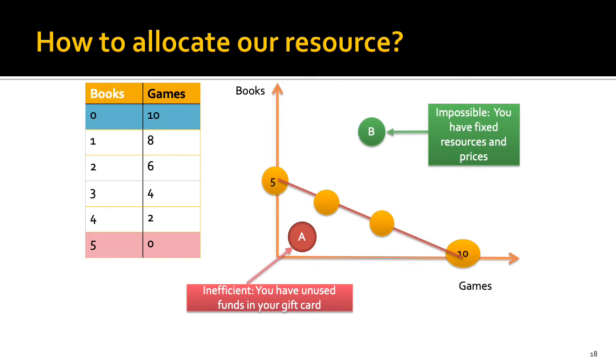If I reduce the price of books and games, that would also shift up your possible budget. Because if prices were cut in half, so books became $5 and games became $2.50, all of a sudden the maximum number of books you could buy would be 10 and the maximum number of games would be 20. So it would be like a shifting of your potential budget.